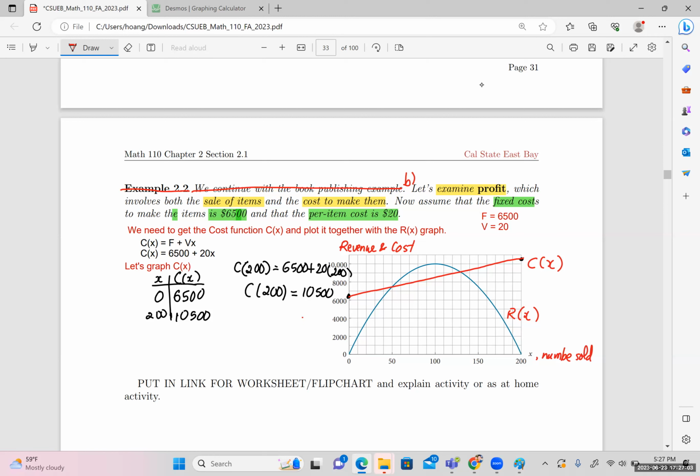The revenue and cost are in dollars. So that will be the graph we need.